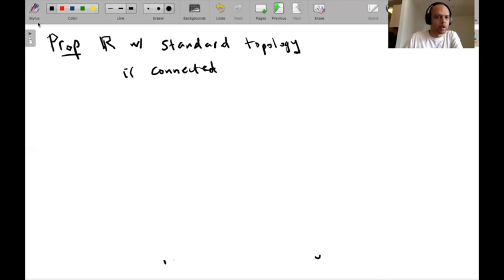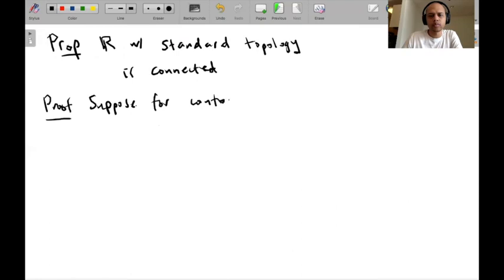So you'll see how the least upper bound property comes up here. All right, so proof. Suppose for a contradiction that R is disconnected.